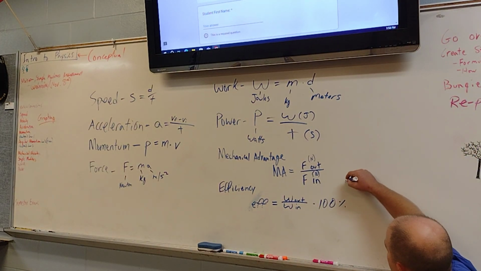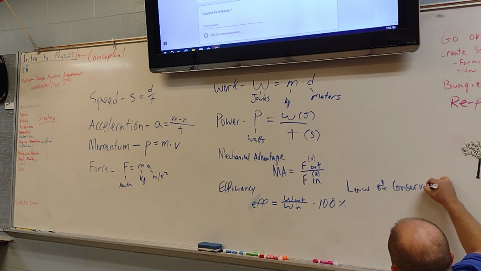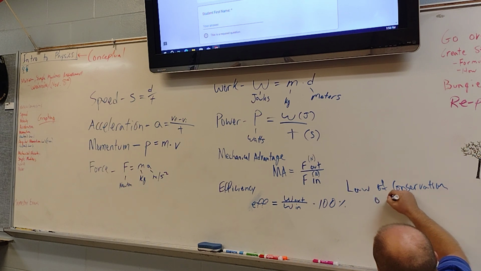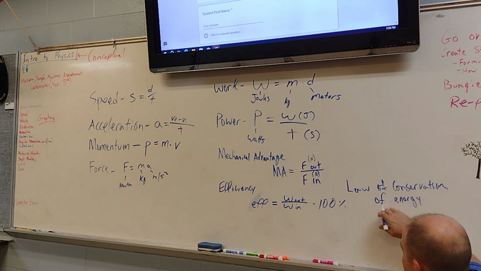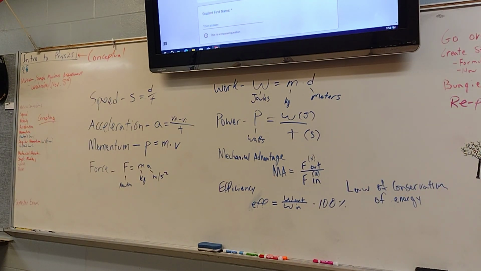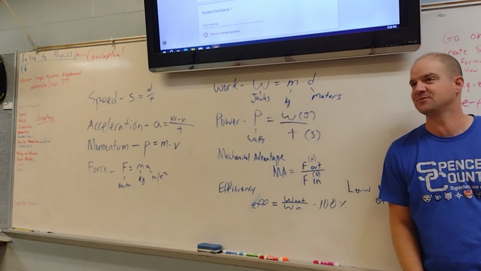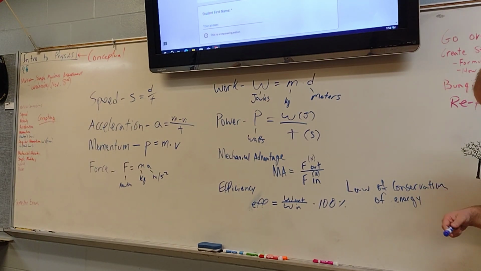Because we learned about the law of conservation of energy. That machine would have to be creating energy in order to have an efficiency greater than 100%. You'd be breaking the laws of physics. Okay? Any questions on that?